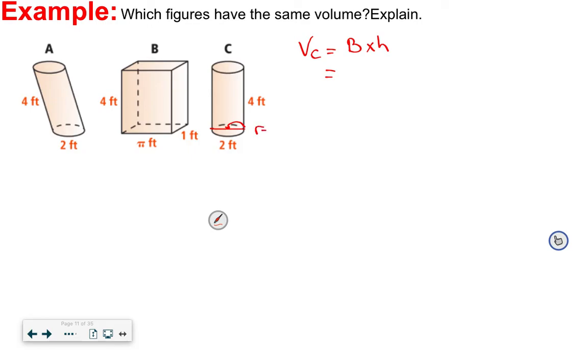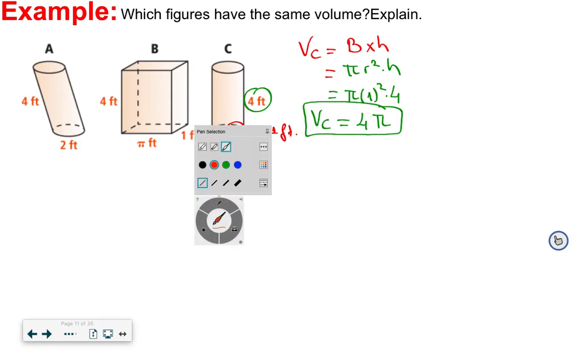So the radius is 1 feet. Don't forget this. After that, base area is pi r squared times height. If we substitute r is 1 squared, height is 4, then you will get that volume of cylinder is 4 pi.